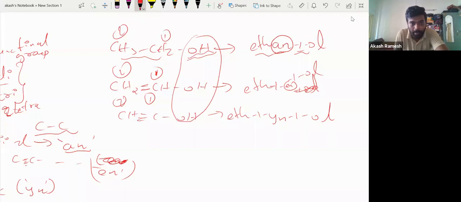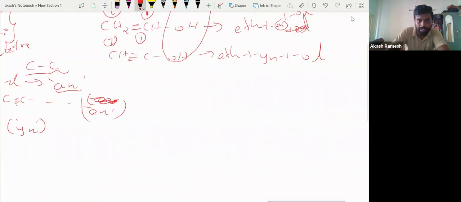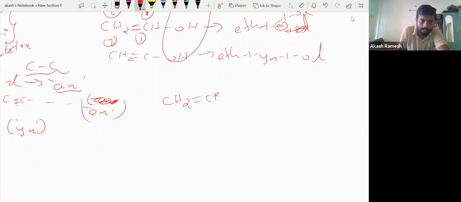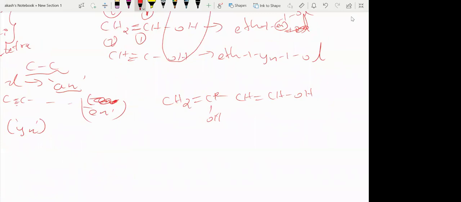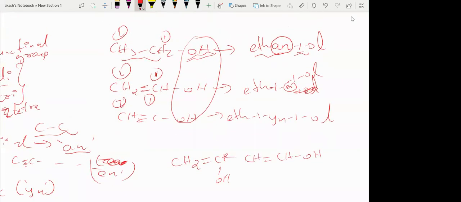Right? In the first carbon atom, I have a double bond, so I put 1-en, right? If I can make it a little more easy for you, say if I had CH2 double bond COH, and say CH double bond CHOH. Sir, in the first one, anyway, OH is going to be only in the terminals, right?